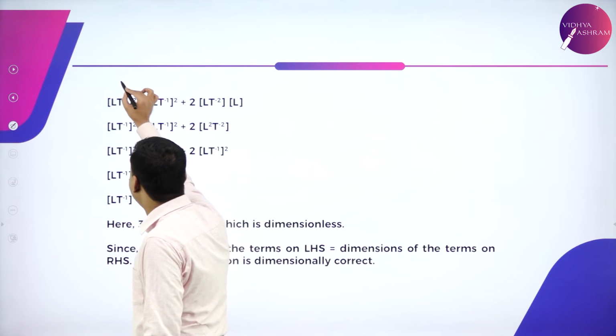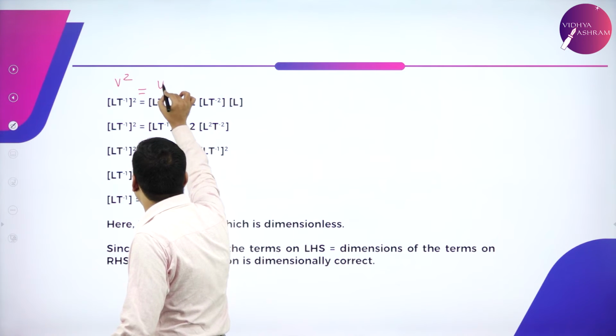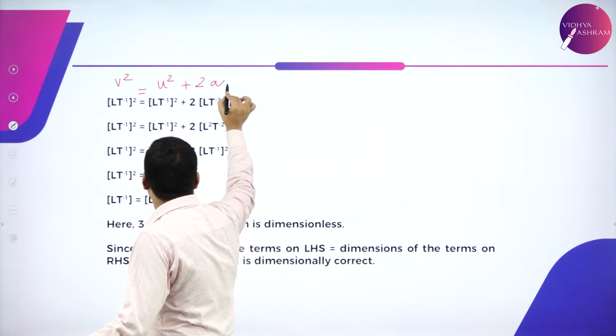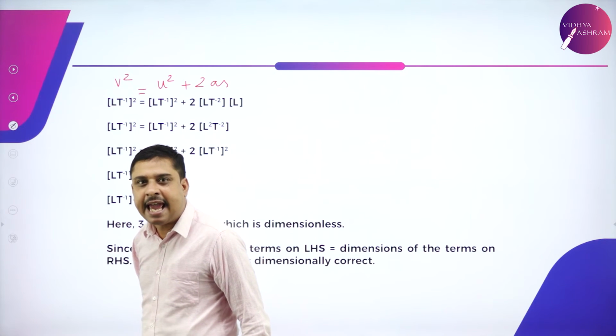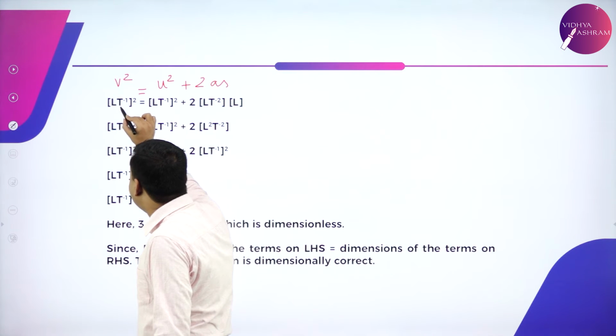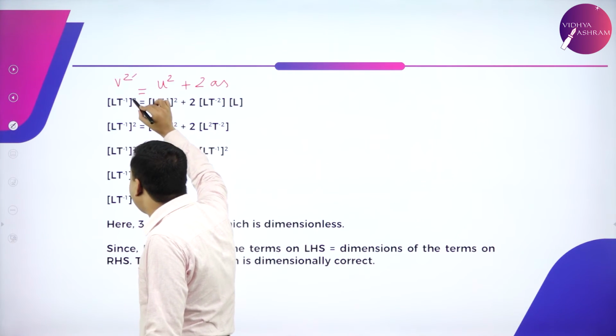So again, I have described all the terms in the given equation. Now substituting, what was the equation, students? V square equals U square plus 2AS. Again V, LT minus 1 but whole square.